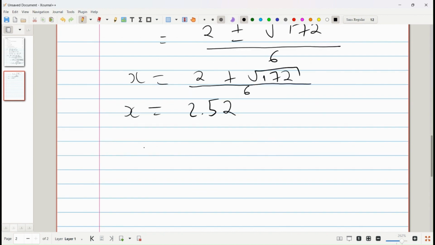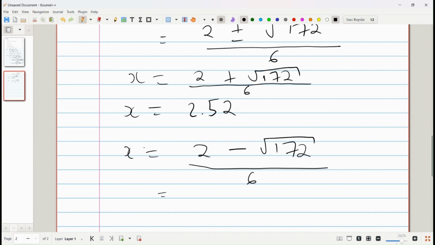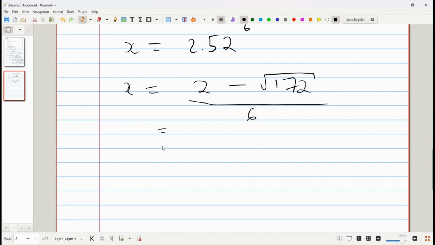So if it's a negative, your other value for x will be 2 minus square root of 172 divided by 6. You can check with your calculator, 2 minus square root of 172 divided by 6.